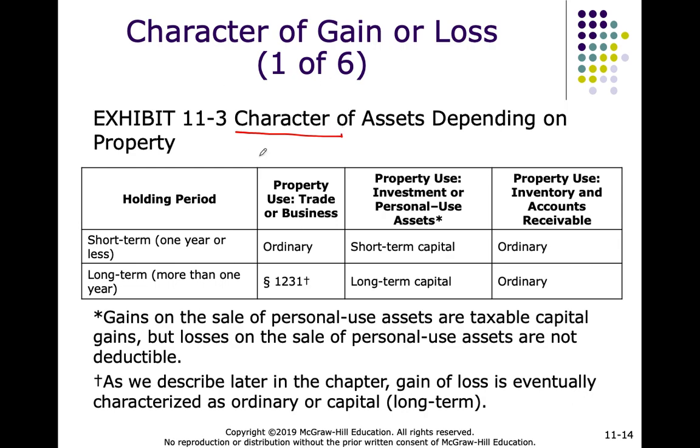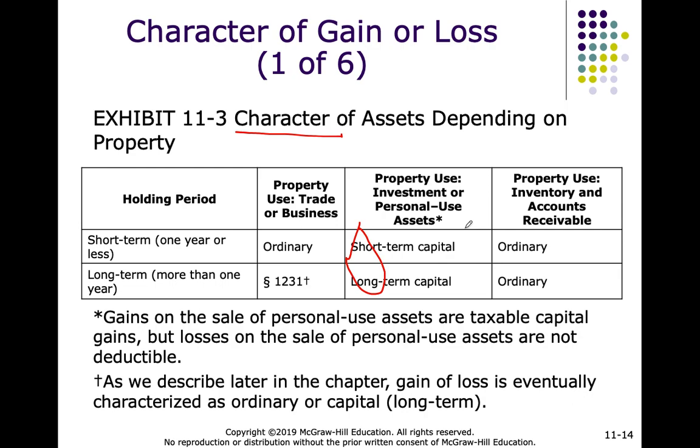And why do we need to know if it's short-term or long-term capital? Why do we care about that? Because of the preferential tax rates. So if you recall, for long-term capital, the taxpayer can be taxed at a lower tax rate than its marginal rate.